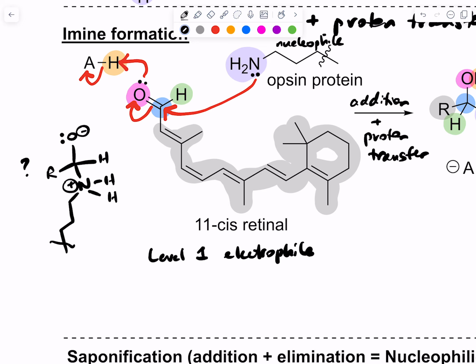You're right, the carbonyl carbon would have 4 bonds to it. The oxygen would be negatively charged. And the question we ask when we get to a tetrahedral intermediate is really, do we have a good leaving group? And the answer here is the hydrogen is certainly not a good leaving group.